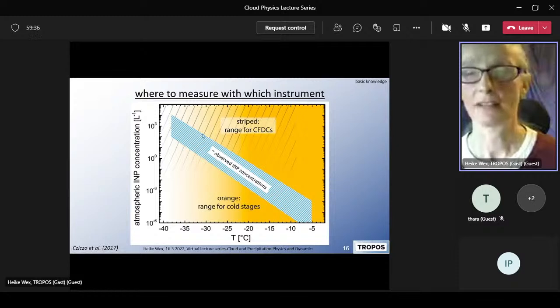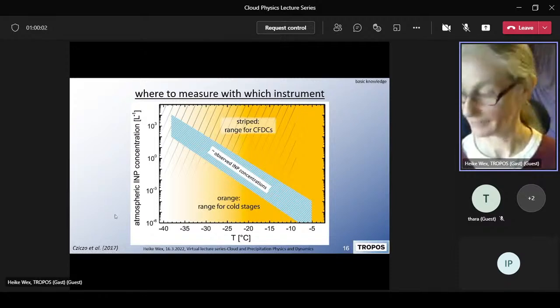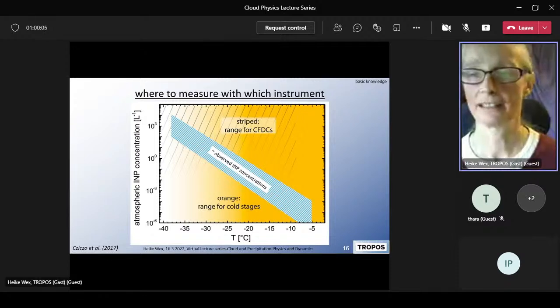And that striped area appears to range where CFDCs measure. They can't measure at the very highest temperatures, and they have that lower detection limit I talked about. The orange is for cold stages. They can measure very well at high temperatures down to low concentrations, but the colder it gets, the more issues they get with contamination. That's why the orange fades out here somewhere. So that plot actually was given in Kanji et al., but it's just generally valid.